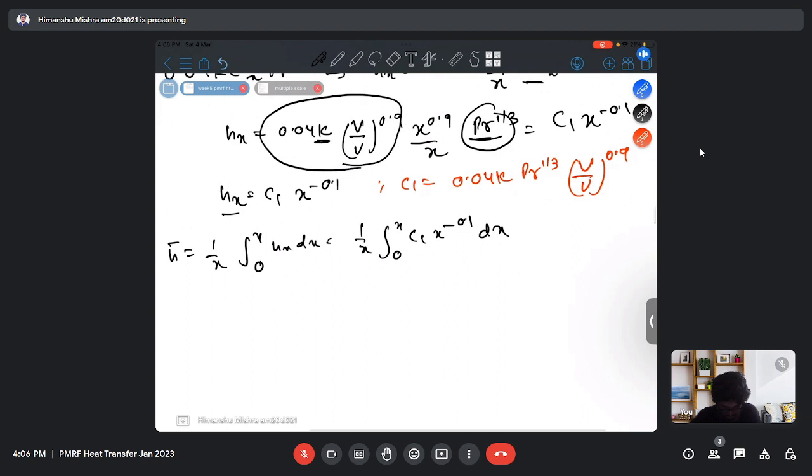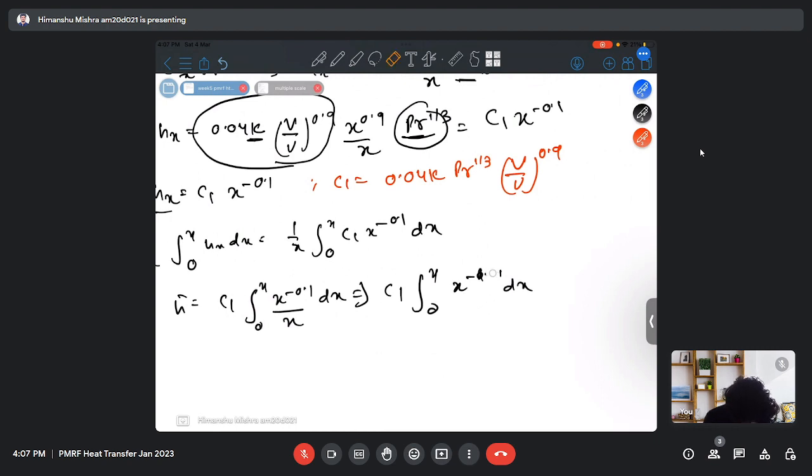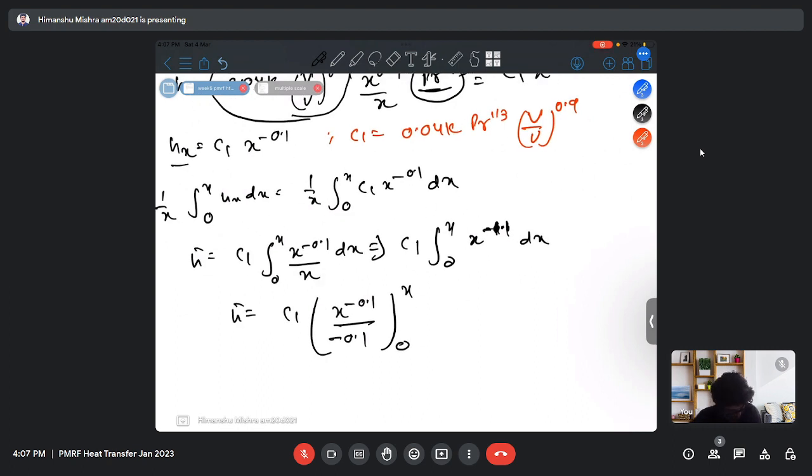So on integrating it, we have C1 x^(-0.1) dx, which on integration will be x^0.9 over 0.9, from 0 to x.